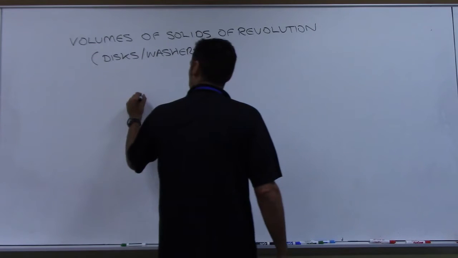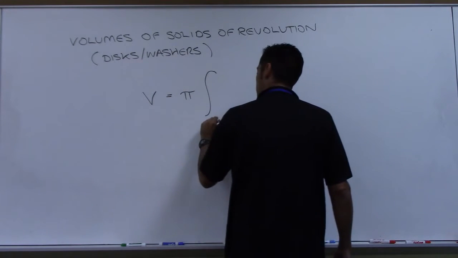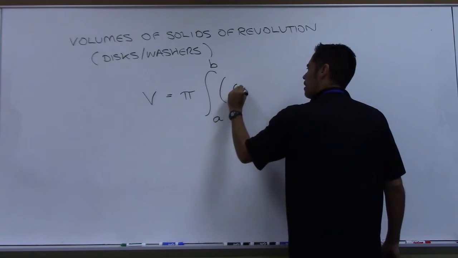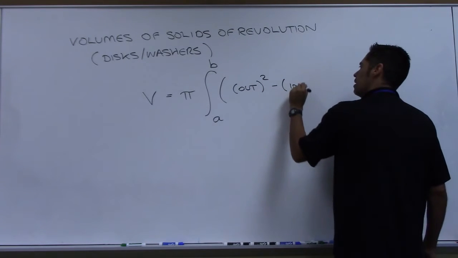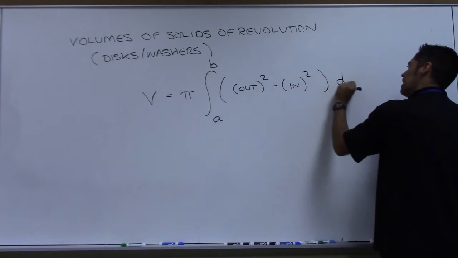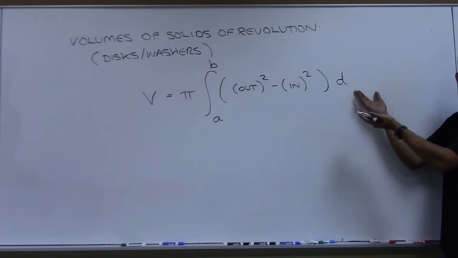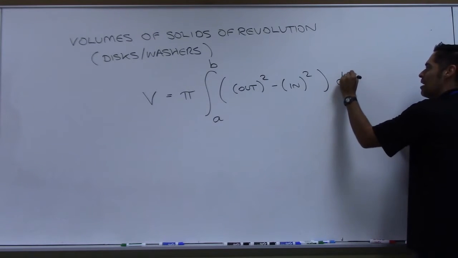The formula is that the volume will be equal to pi integral a to b of the outer radius squared minus the inner radius squared d what? Could be x, could be y, right? So what do you want me to write? D question mark, okay.